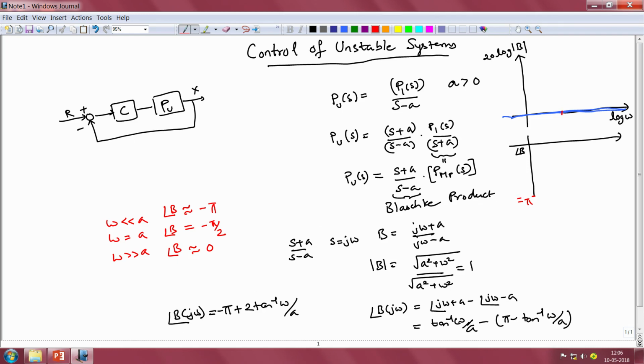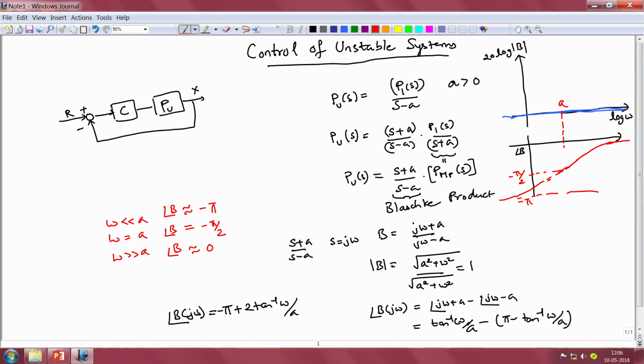If we locate the frequency a on the x axis of the Bode plot, then at very low frequencies the phase is close to minus pi, at omega equal to a the phase is equal to minus pi by 2, and as frequency tends to infinity the phase asymptotically approaches 0 radians.